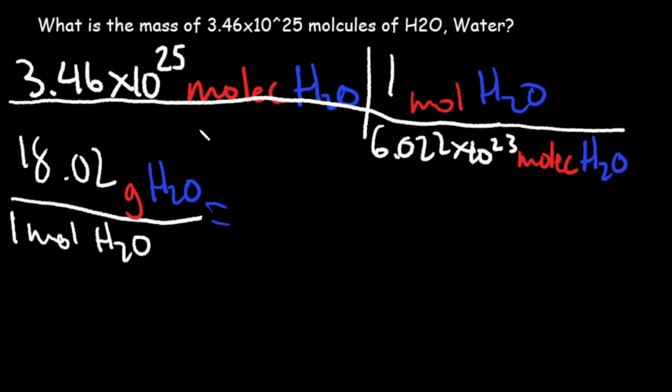So 3.46 times 10 to the 25 molecules of water, divided by 6.022 times 10 to the 23rd molecules of water, times 18.02, you will get 736 grams of water.